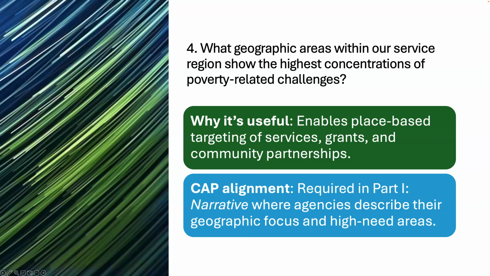Question 4, what geographic areas within our service area or within our service region show the highest concentrations of poverty-related challenges. And this is simply a direct alignment piece. So in the CAP plan, we are in part one required a narrative where we are describing how and where the geographic focus is for the needs in our community.